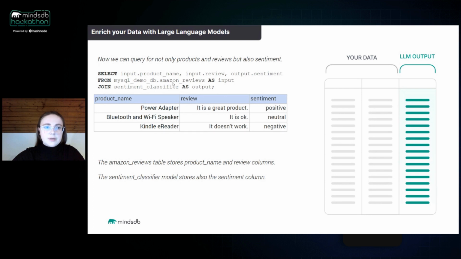And after executing this select query, we see that our data is enriched. We've got a third column, sentiment, that stores the sentiment for each of the reviews as predicted by the model. So that was a simple example of how MindsDB works.